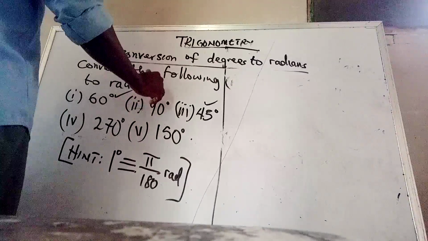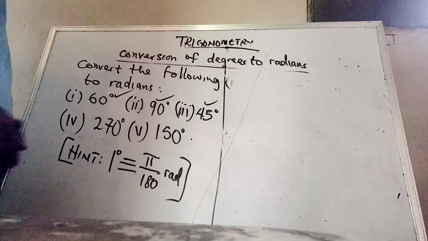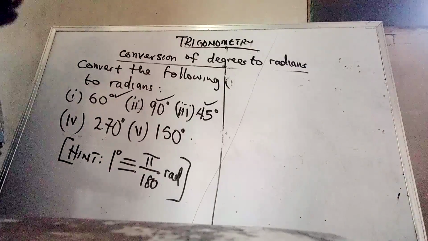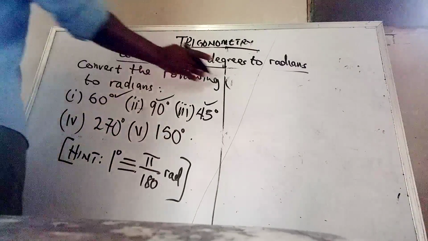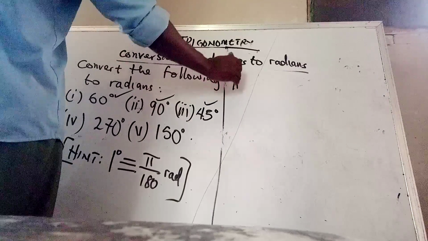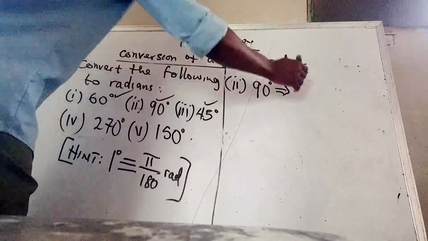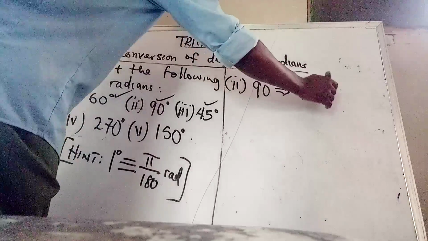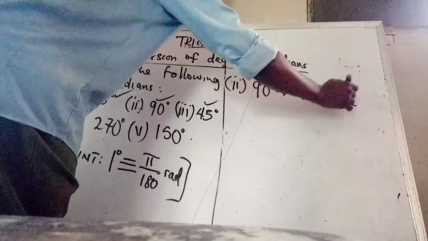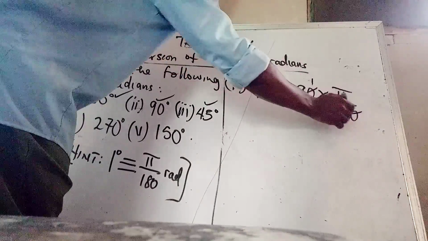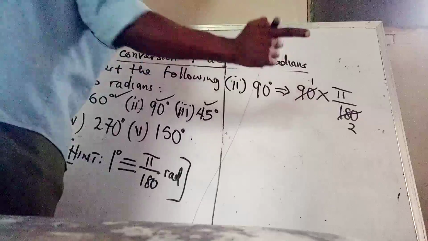Let me do number 3, which is 90 degrees. Then I will leave these two for you to try on your own and get back to me, whatever you get. 90 degrees to radian will be 90 times pi over 180. 90 will go in 180 2 times.